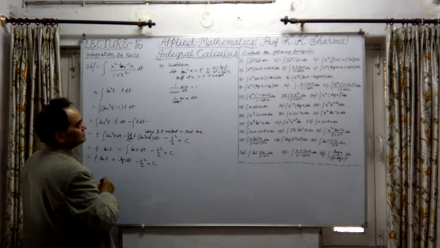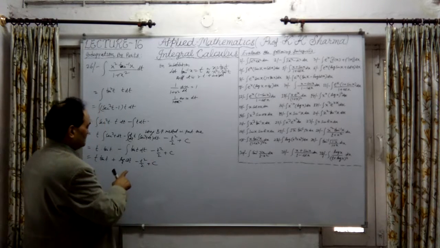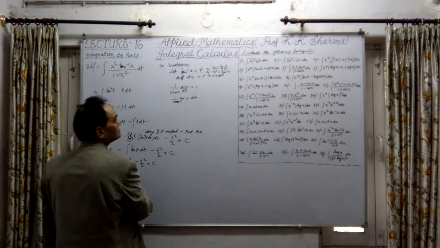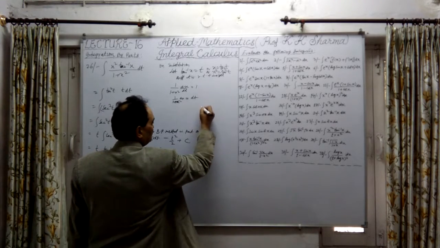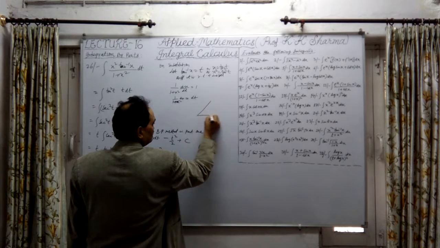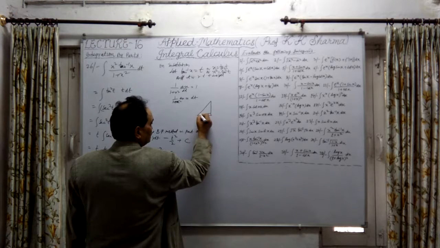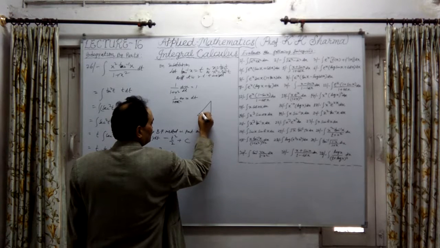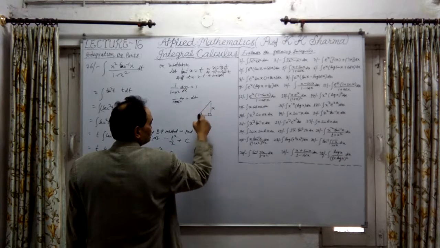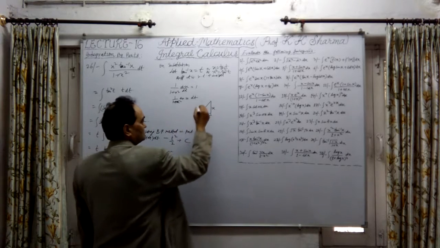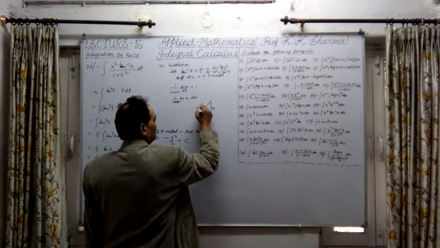Now let's substitute the value of cos t in terms of x. tan t is equal to x, let me write here. This is a right angle triangle, and let me take angle t. Here it is x, tan t is perpendicular upon base, and this is hypotenuse. It will be under root 1 plus x square, from Pythagoras.